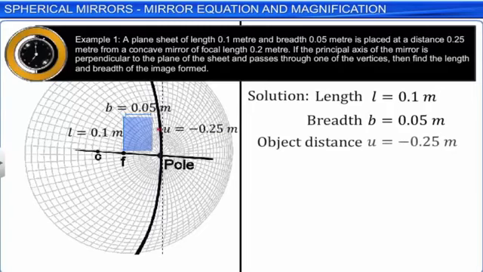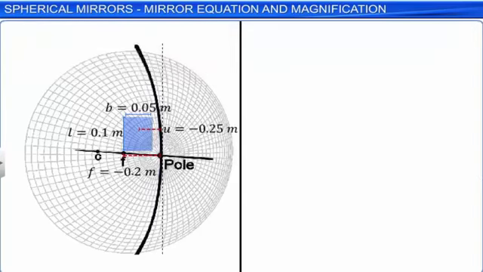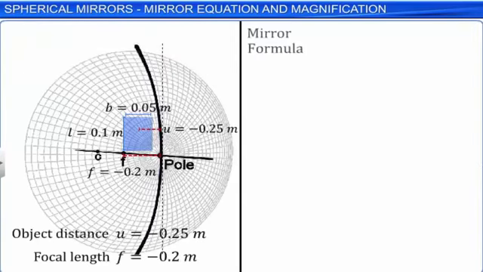According to the mirror formula, 1 by f is equal to 1 by v plus 1 by u. This can be written as 1 by v is equal to 1 by f minus 1 by u. Substituting the values for u and f, and on simplification, we get v is equal to minus 1.